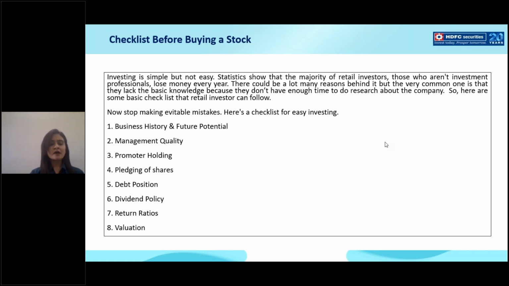The next two points are promoter holding and pledging of shares. For this, we have prepared separate real-life example slides, so we'll discuss it in detail in a bit. The next point is debt position. Look for companies with a low debt to equity ratio. A high debt to equity ratio leads to high financial cost, and that ultimately reduces the profitability of the company.